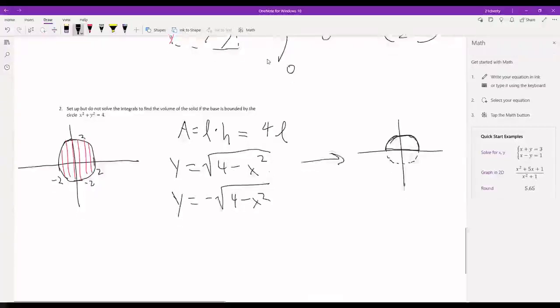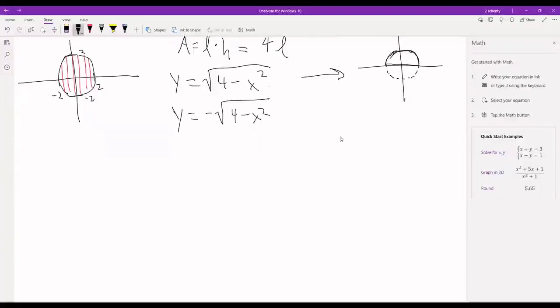So now all we got to do is plug in our formula, which is, we're going from -2 to 2, and we're doing 4L dx.